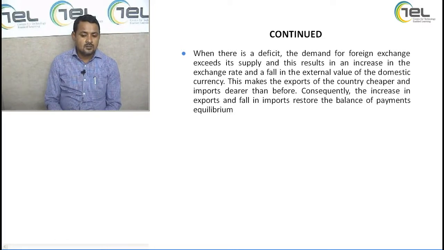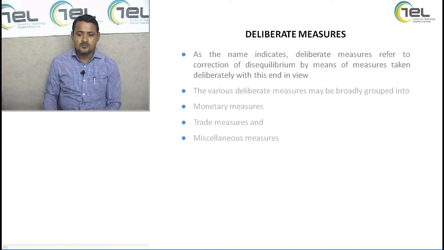Consequently, exports will increase and imports will fall. They will restore the equilibrium. But to what degree the disequilibrium will be corrected is a matter of speculation. So sometimes it works to a certain extent, sometimes it doesn't work at all.